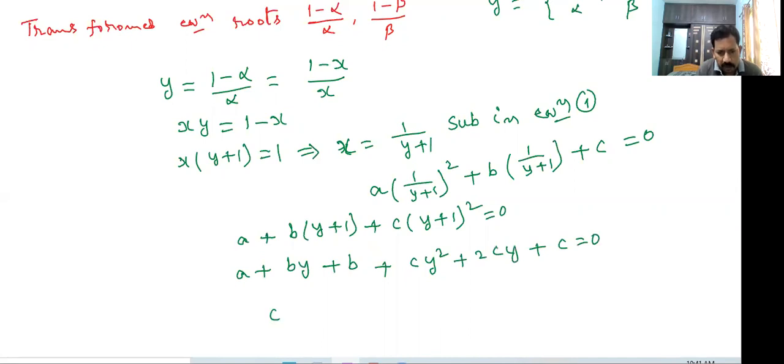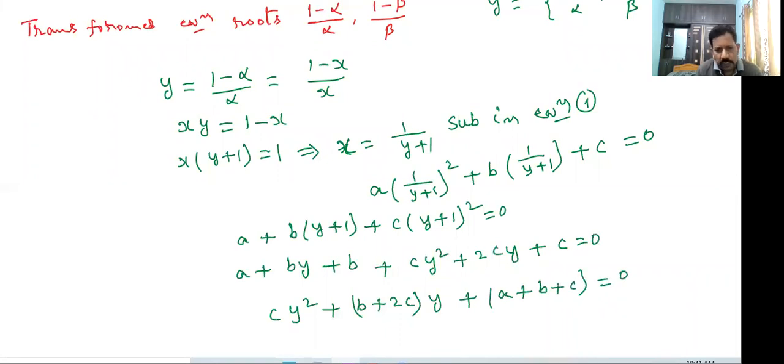Write in particular order: cy square plus y, observe that, b plus 2c into y plus constant terms a plus b plus c is equal to 0. This is the transformed equation.